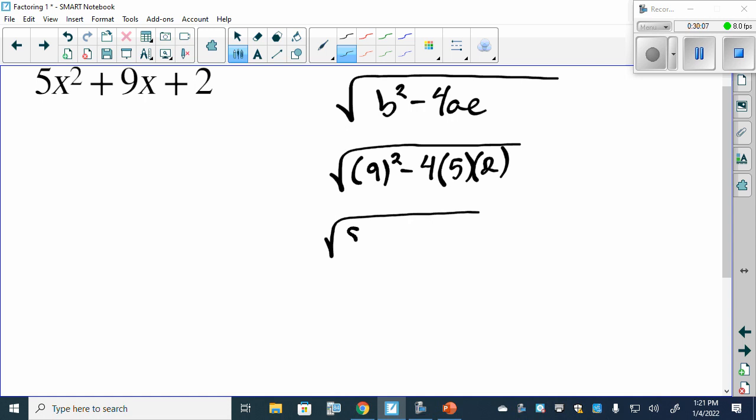Now 9 squared is 81, minus 4 times 5 is 20 times 2 is 40. 41. Square root of 41 is the square root of 41, because we could simplify it to a decimal, but it would be a non-repeating, non-terminating decimal.